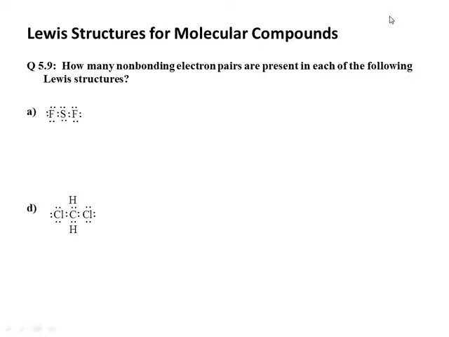In this case, the non-bonded electrons, this is one on, this 1, 2, 3, 4, 5, 6, 7, and 8, right there. Those are not being shared. Those belong to individual atoms only. So the question just says how many. So there are 8 pairs of non-bonded electrons in this case.